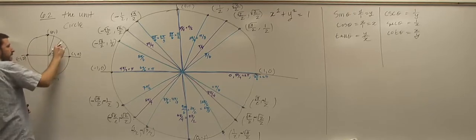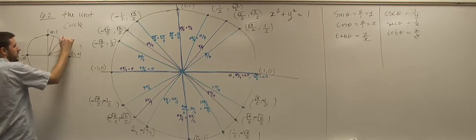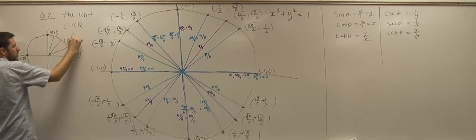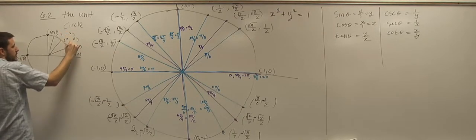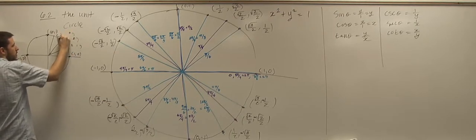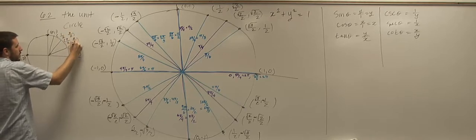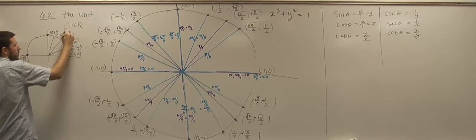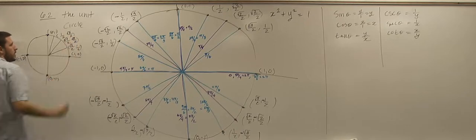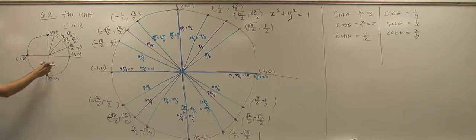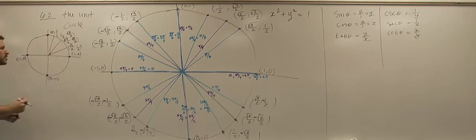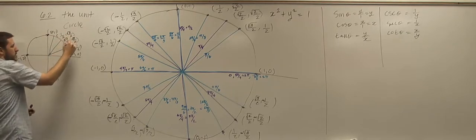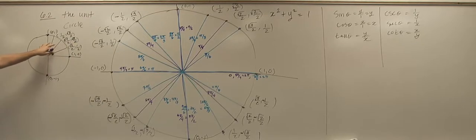And then I label my 3 special angles in the first quadrant with 1, 2, 3 over 2, and root, root, root. But I don't bother with these because I know all that does is change signs. So this has all the interesting information on it. And it didn't take me more than 30 seconds to draw.